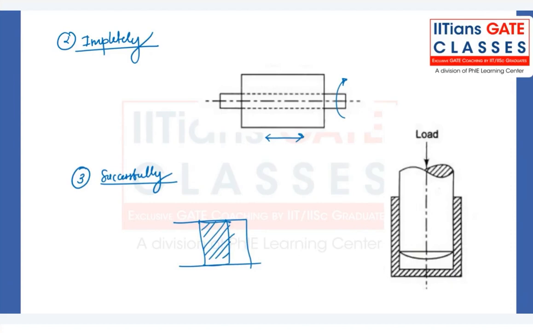So we are successfully constraining the motion in one direction. So motion between the two elements of the pair is possible here in both directions, but we are making sure that it is performing motion only in one direction.